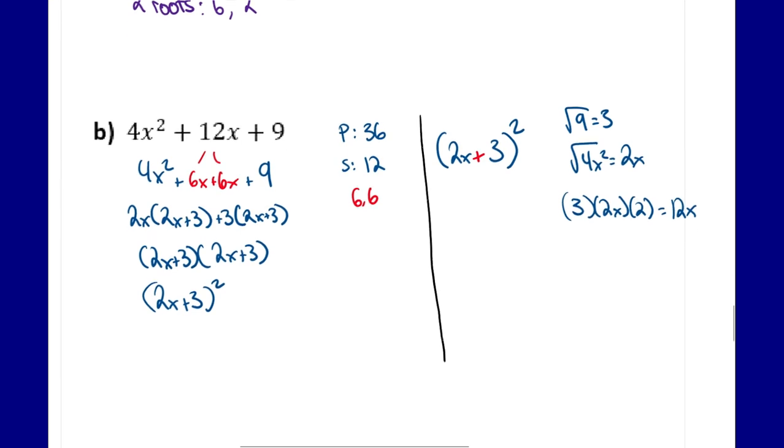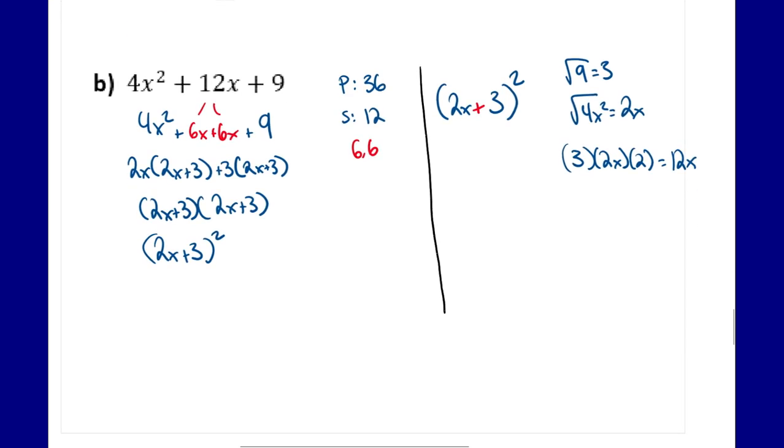And once it's factored, we can see that there's only one bracket. There's only one root here because the brackets are the same. If I was to go through and solve, just off to the side, 2x plus 3 equals 0.